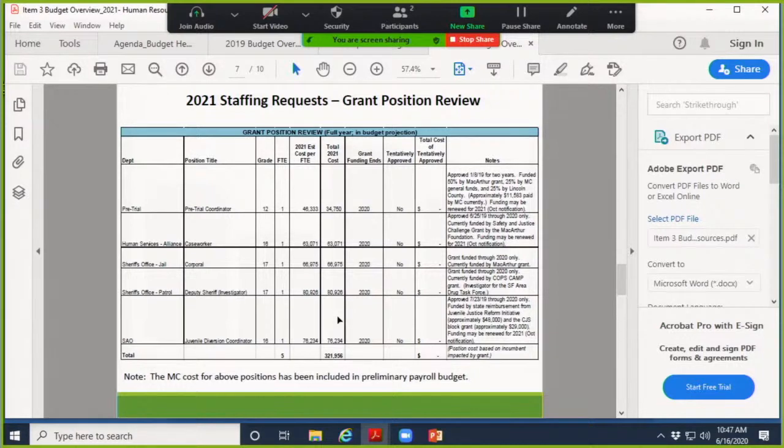I'm very comfortable pulling out the caseworker from Human Services and the Alliance. The reason being is that the Human Services Alliance program has recently had a caseworker resign or move on, and so they have an open position in that budget. So if MacArthur does not fund this position, that person will not lose their job.